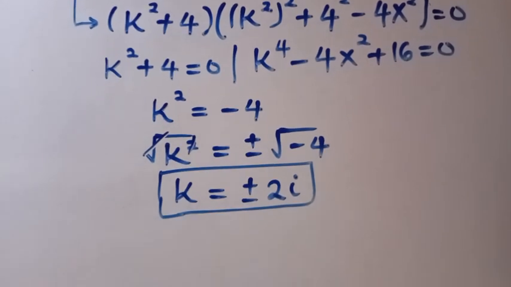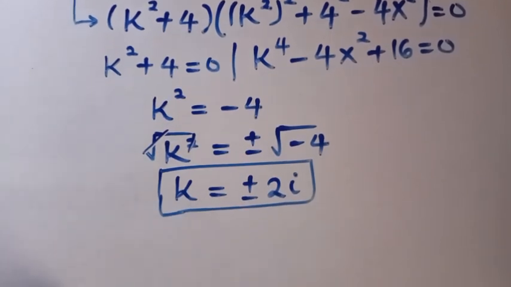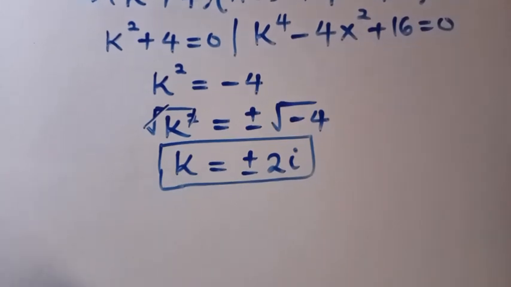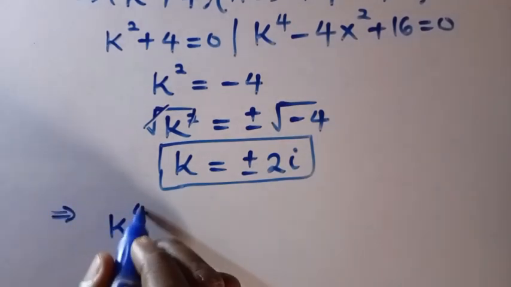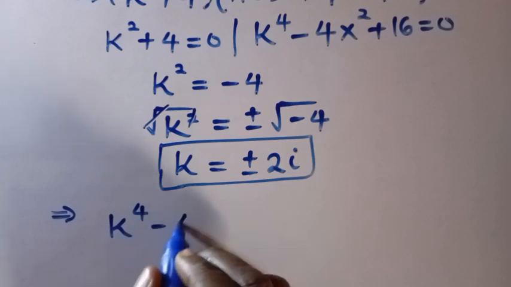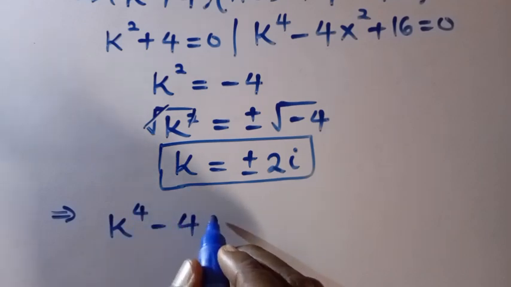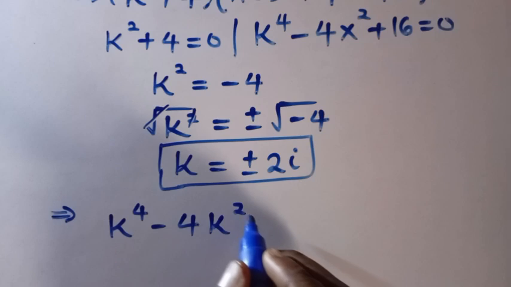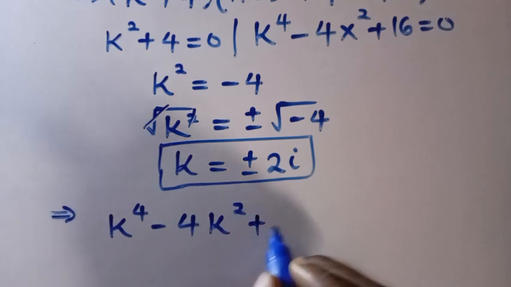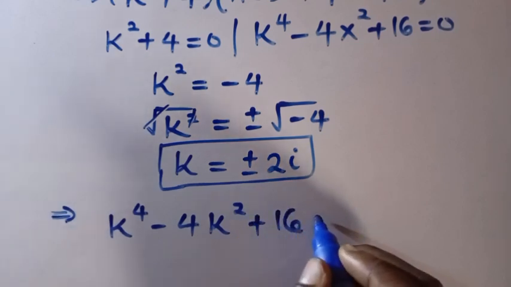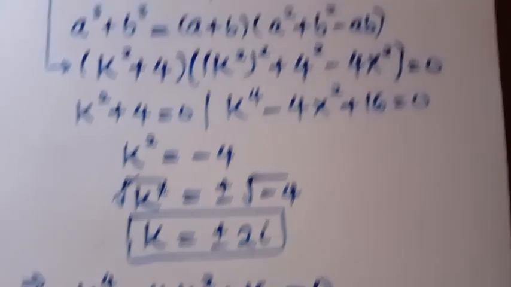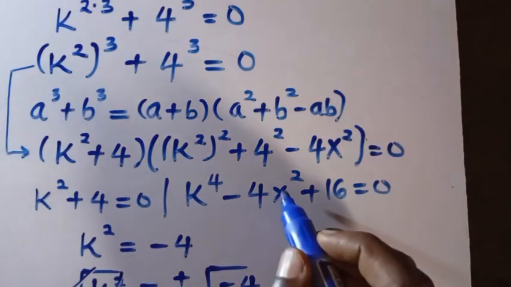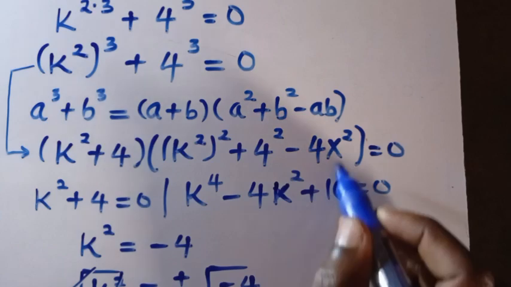And also, when we consider this other part, because we are getting 6 solutions, we have the other part here, which is k raised to power 4 minus 4k squared plus 16 equals 0. I've been using x, so nothing like x; we have k here.